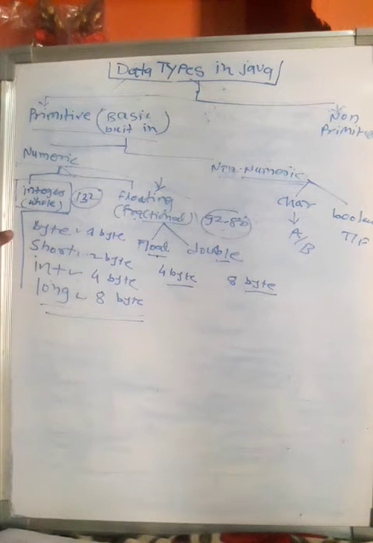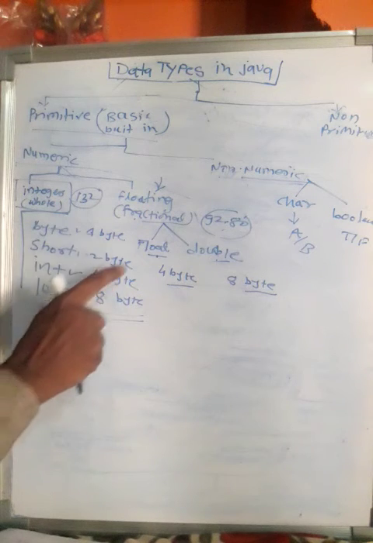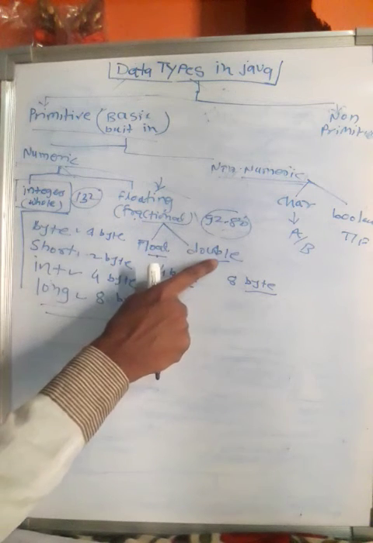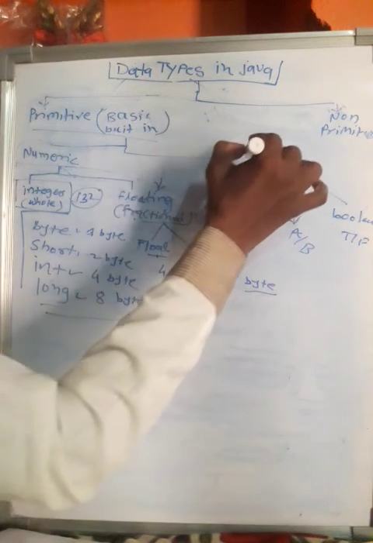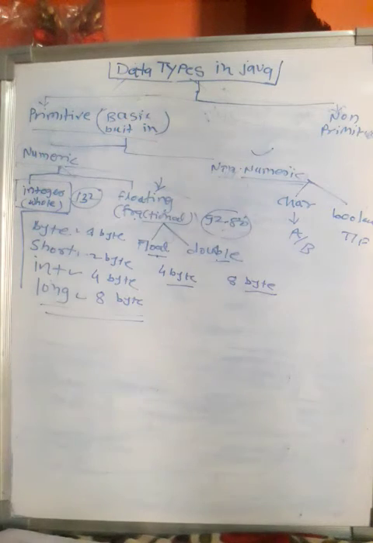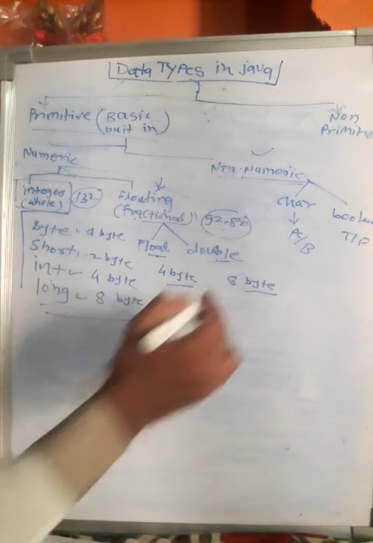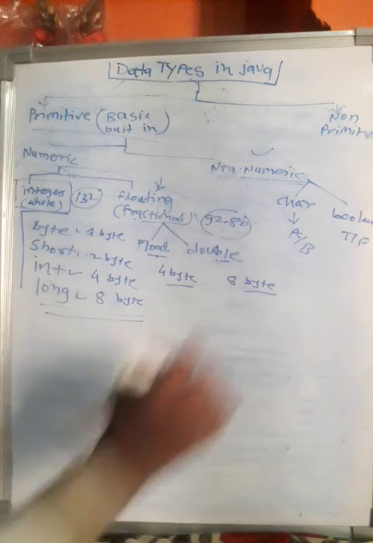Integers: byte, short, integer, long. In floating points, that may be float or double, but both belong to numeric. Opposite to numeric, there is a non-numeric data type, which are characters and boolean.